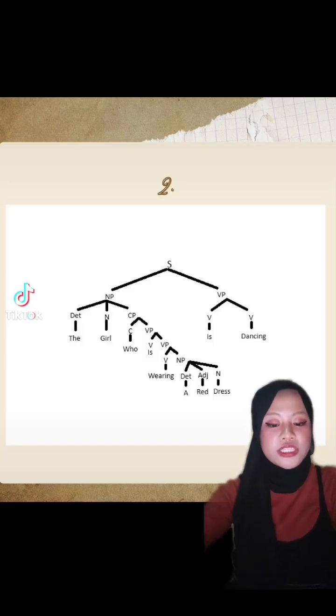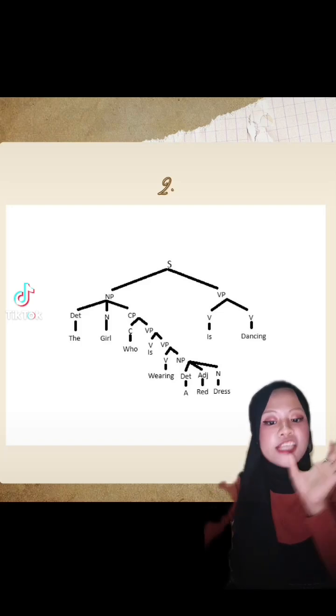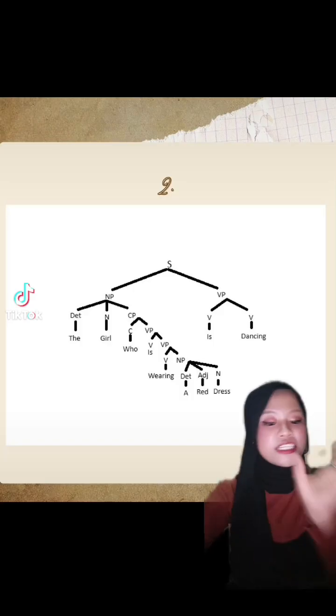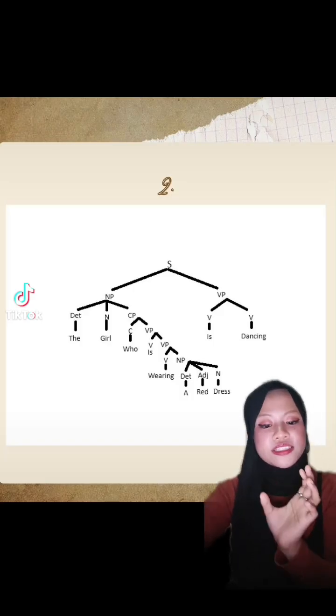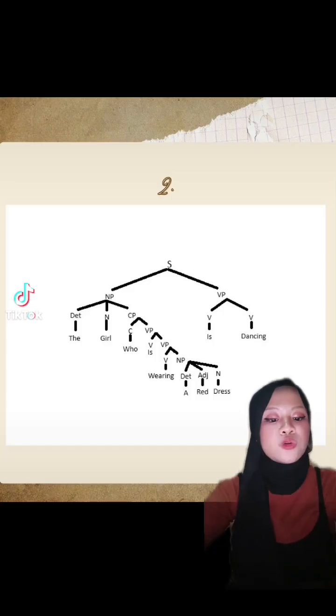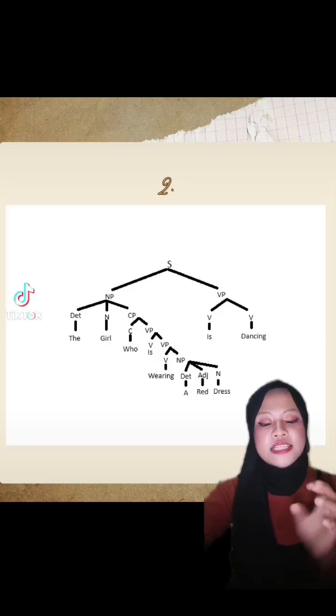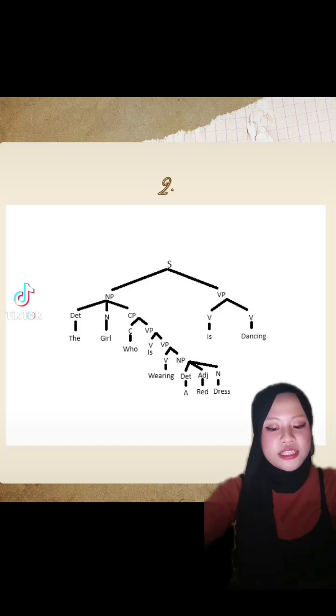The relative clause, who is wearing a red dress, gives more information about the subject girl. Who refers back to the girl and introduces the relative clause. Is wearing is the verb phrase within the relative clause, describing what the girl is doing. A red dress is another noun phrase within the relative clause, with a as the determiner, red as an adjective, and dress as the noun.